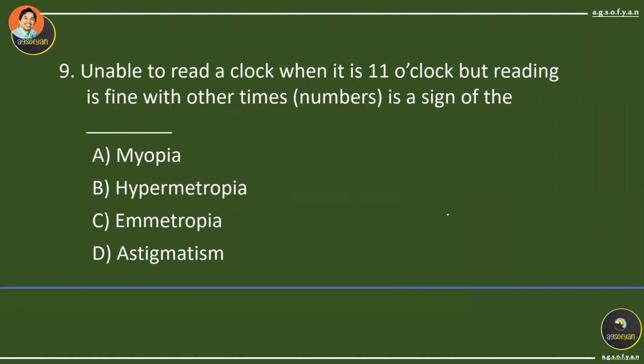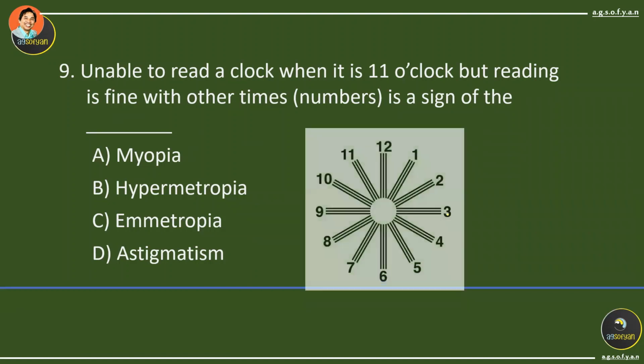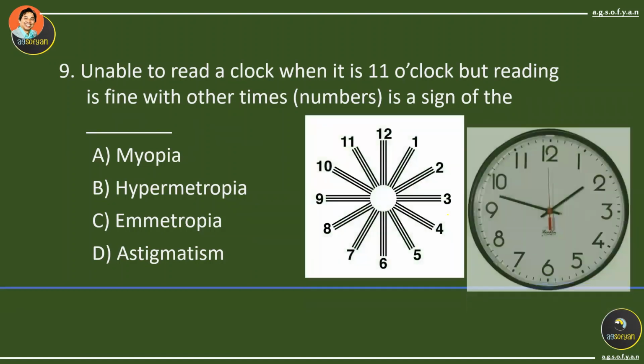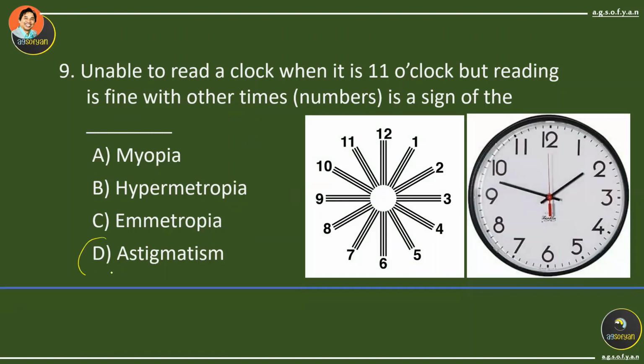So if you're unable to see these two lines close together, maybe you only see one line, that's a sign of astigmatism. So look at this number 11 over here. If someone with astigmatism, this number 11 maybe just looks like a thick line like this. Looks like number 1, but thicker. So that's astigmatism.